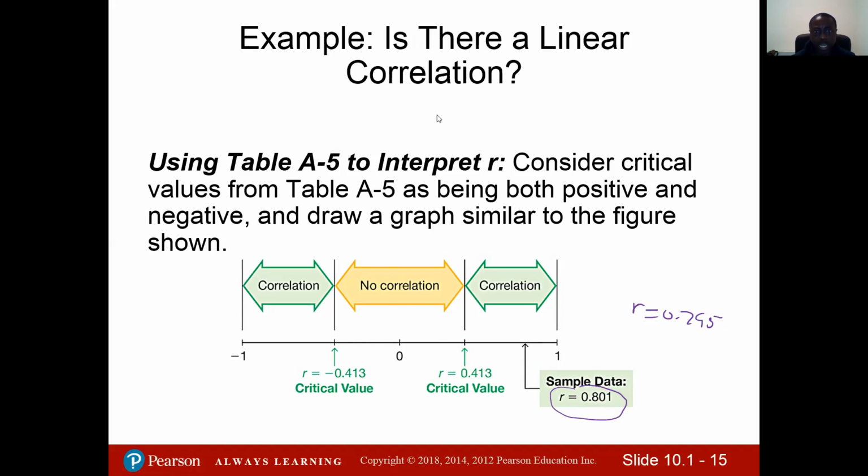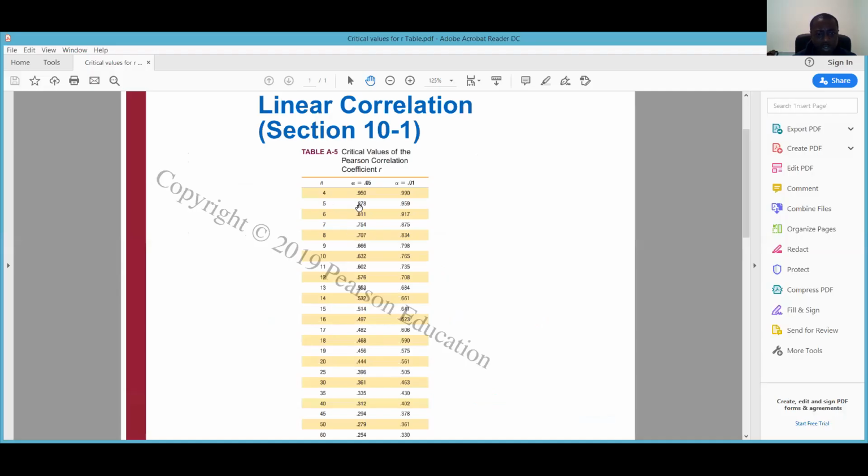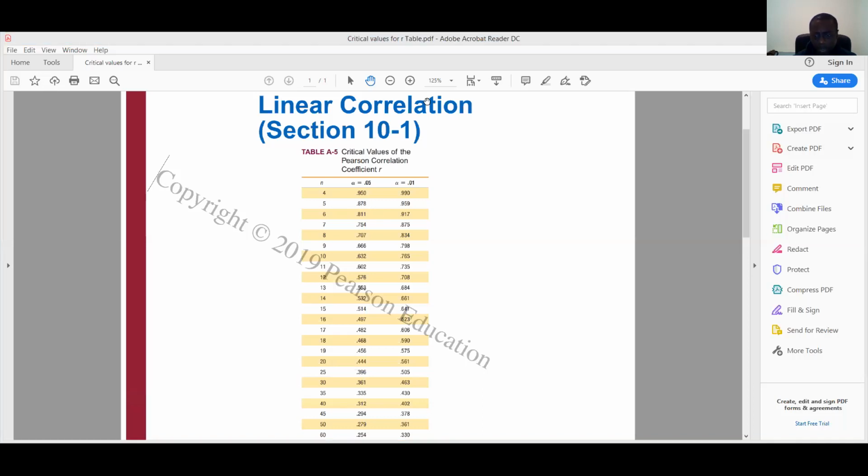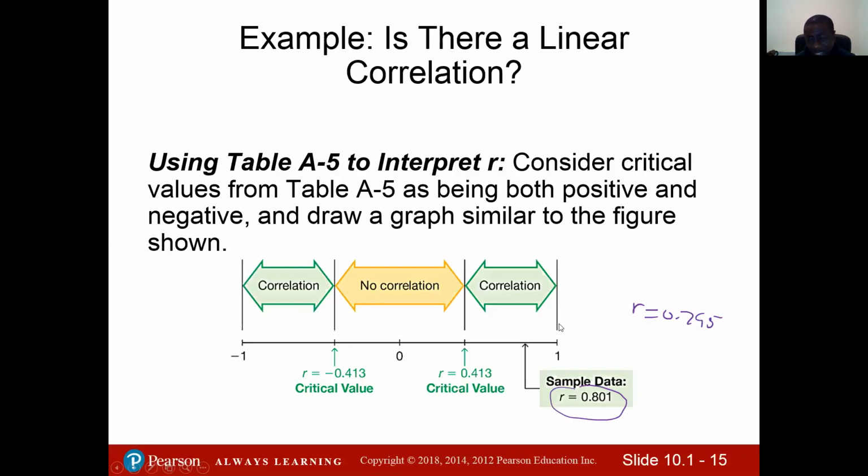Let's go back and check that, making sure we got that right. N is 5, so 0.878. So let's go back to that. If you want to decide whether there's correlation there, the critical values in this case are 0.878, and on this side, R is minus 0.878. Now, this is the correlation coefficient that I calculated.